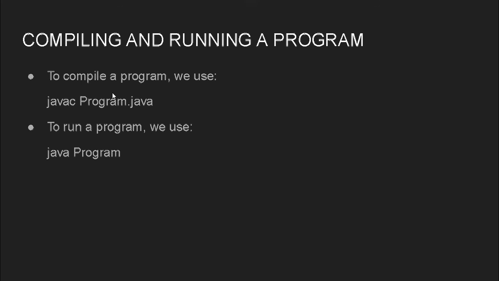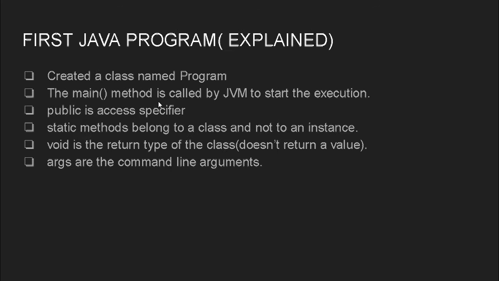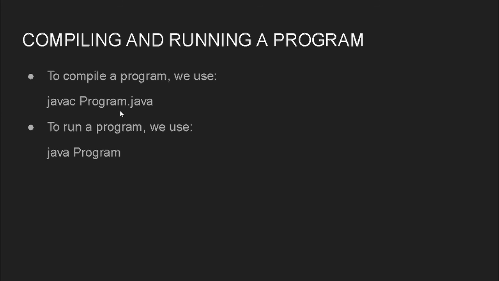Now Notepad is not a Java IDE, so you need to keep that in mind. After writing the code in Notepad, you click Save As and type the file name with the extension.